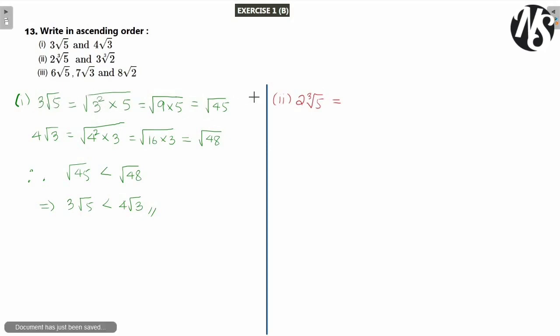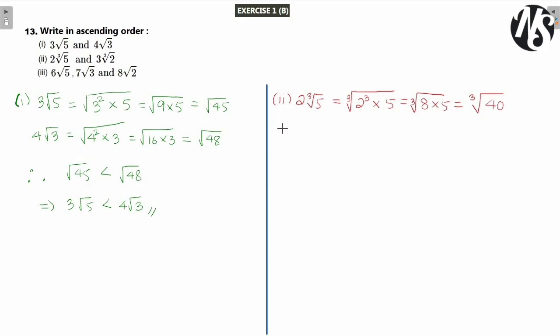But in case of cube root, when it goes within the cube root, you have to write 2 cube, into 5. 2 cube means 2 into 2 into 2 is 8. So this becomes cube root of 8 fives, which is 40. So we got our first number.